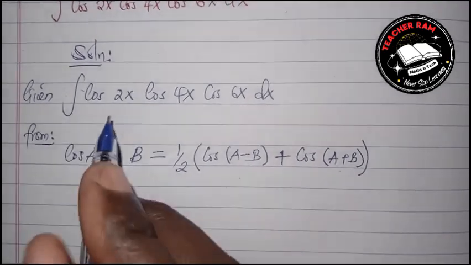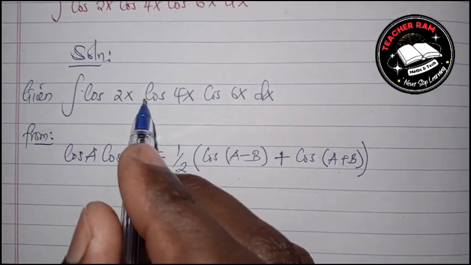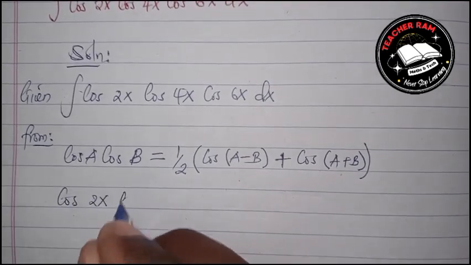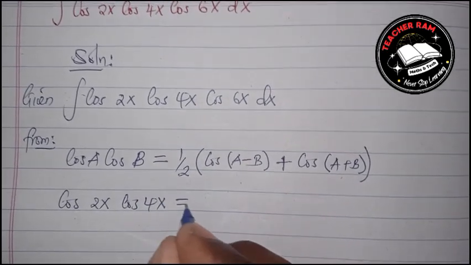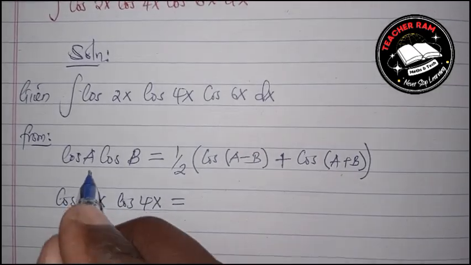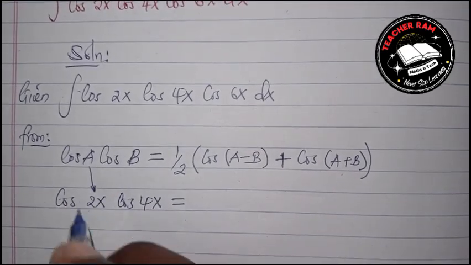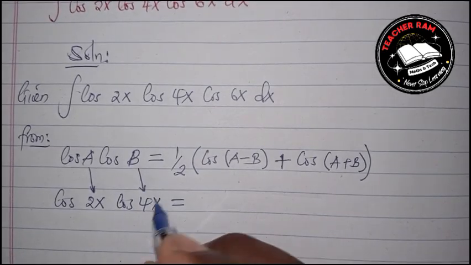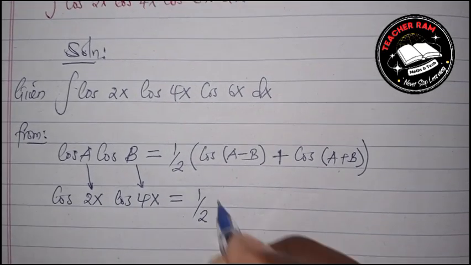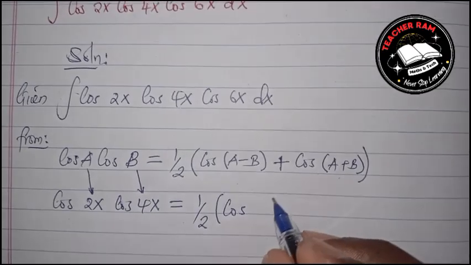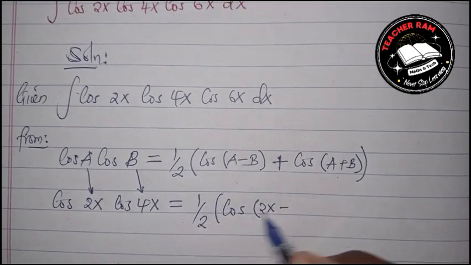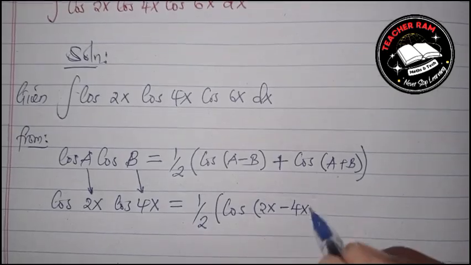So here, let us start with this cosine of 2x and the cosine of 4x. Cosine of 2x, cosine of 4x is equal to, so you can see here, angle A will have the value of 2x and angle B will have the value of 4x. So it will be 1/2 bracket cosine of angle A, it is 2x, minus angle B, it is 4x.